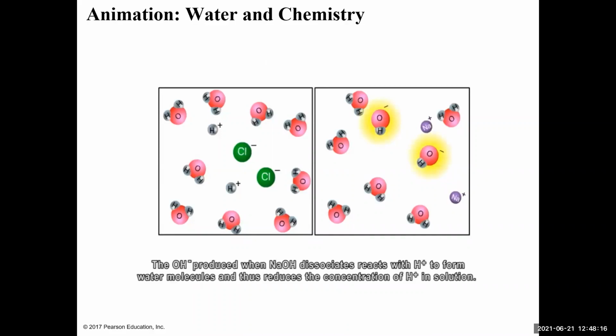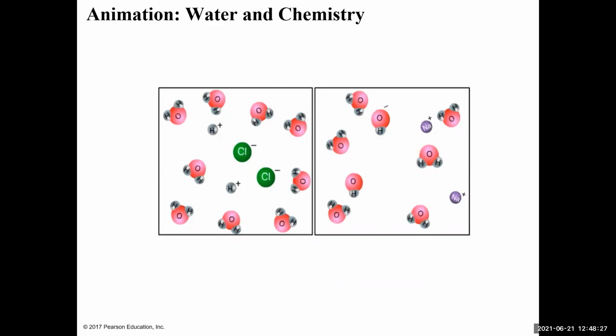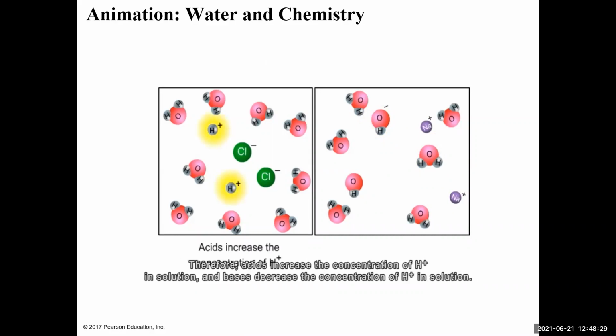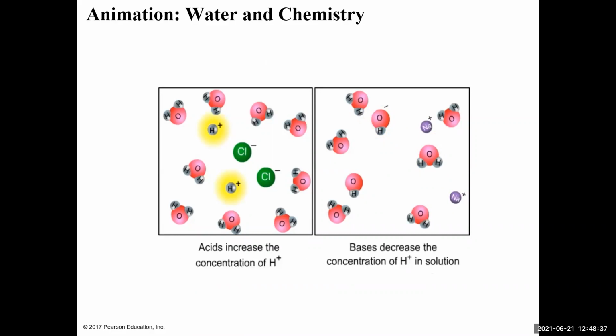The hydroxide ions produced when NaOH dissociates react with hydrogen ions to form water molecules and thus reduce the concentration of hydrogen ions in solution. Therefore, acids increase the concentration of hydrogen ions in solution, and bases decrease the concentration of hydrogen ions in solution.